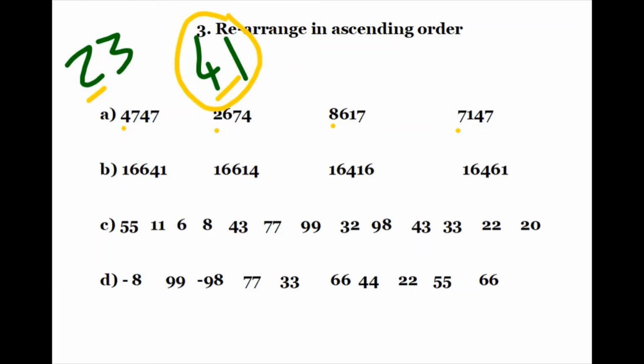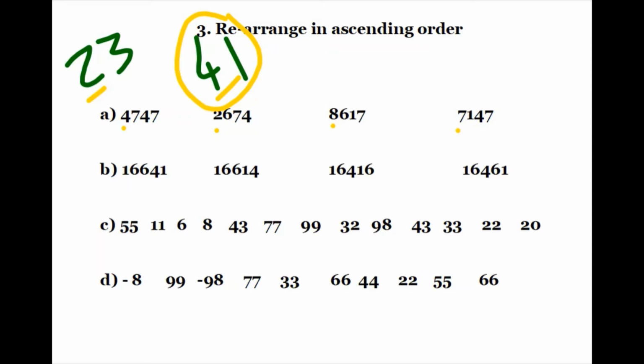So once the numbers have the same number of digits and the first digits are different, like in 3a with 4, 2, 8 and 7, we can reorder our numbers just by looking at the first digit.